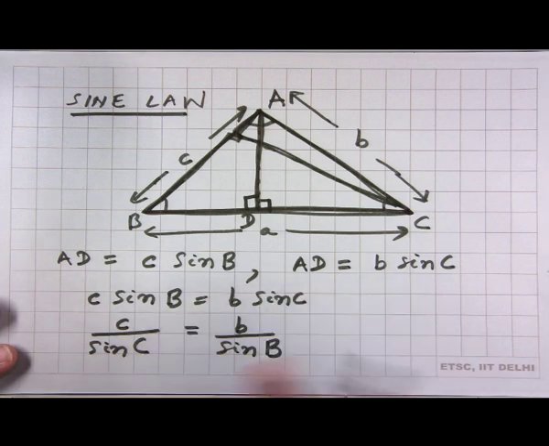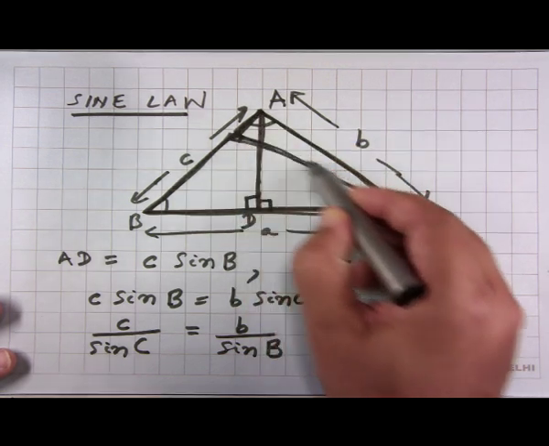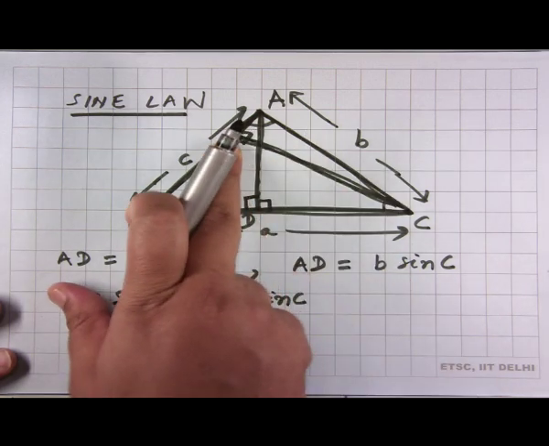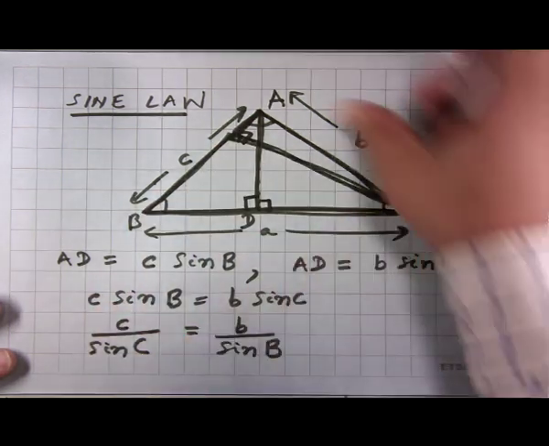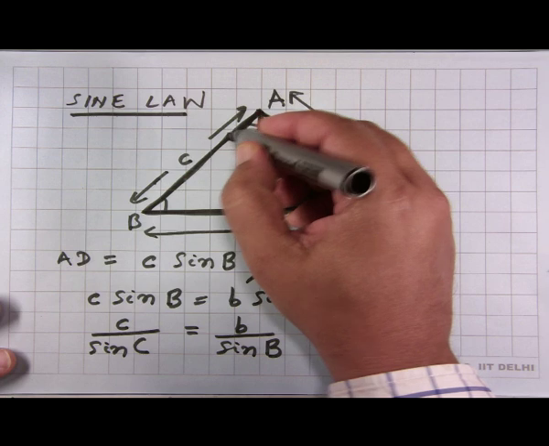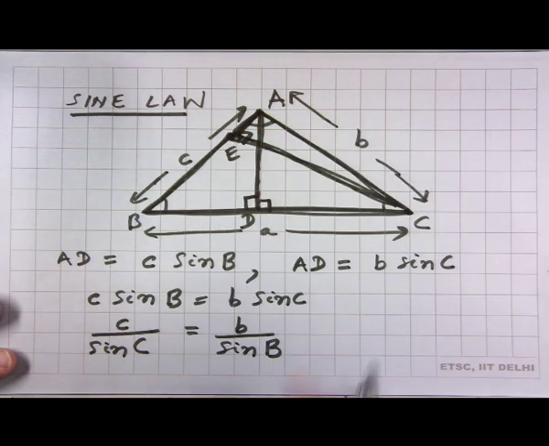This is a right angle triangle where this is the height and this is the hypotenuse, and let us say that this point here is E.